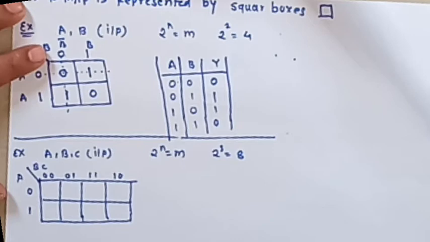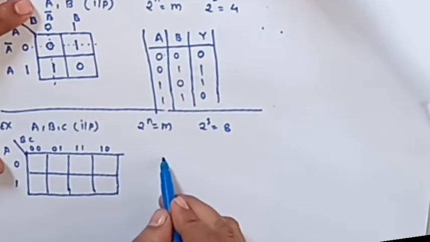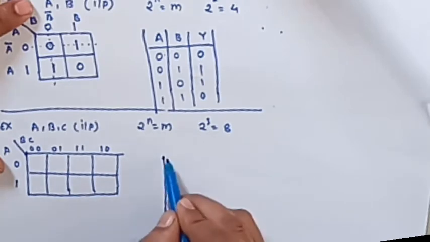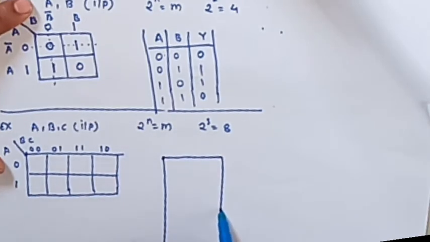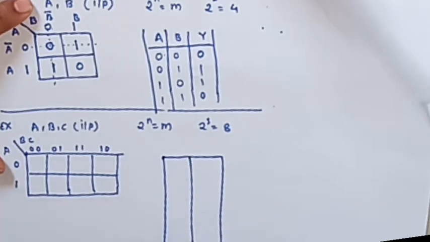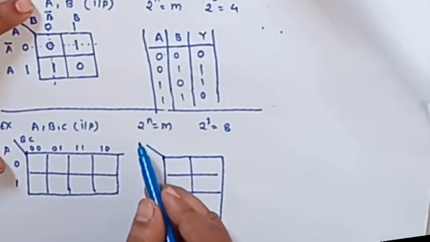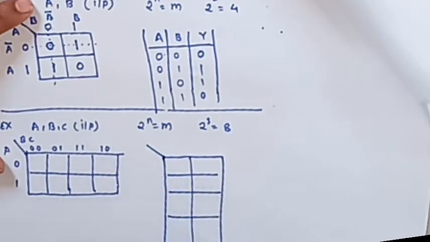And the other way to represent the K-map is the second way. Here you need to write the input variables.